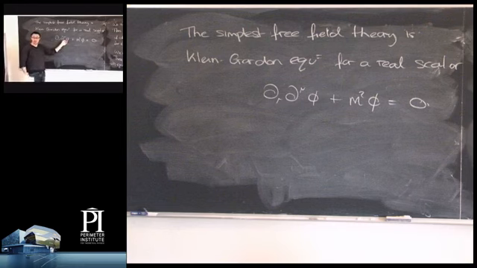So this is the Klein-Gordon theory. Let's just figure out how to solve this classical equation. And in seeing how to solve it, we'll see why it's free and why all these degrees of freedom are really evolving independently. To solve it, it's very easy. All we do is a Fourier transform.